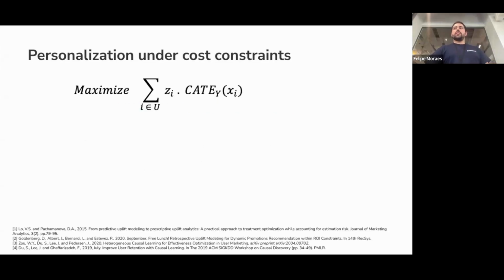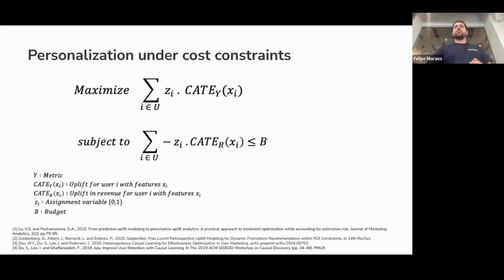So from a mathematical perspective, in this scenario we want to decide for each user, 0 or 1, do I give this promotion, this card discount or not, to improve the conversion, subject to a constraint.